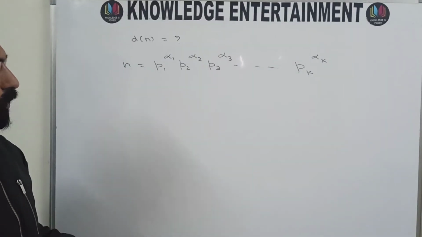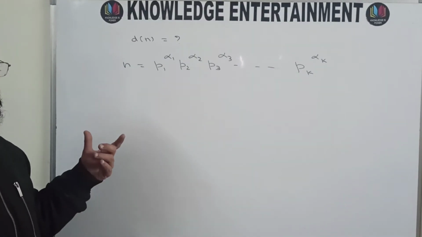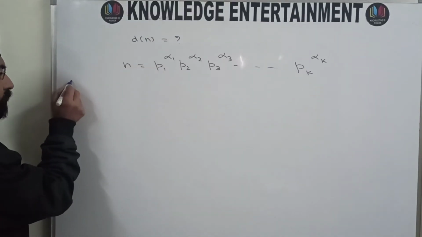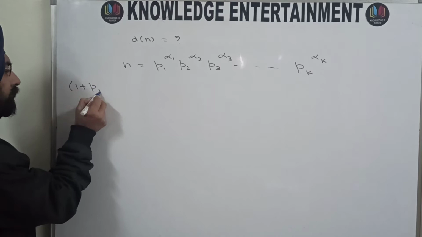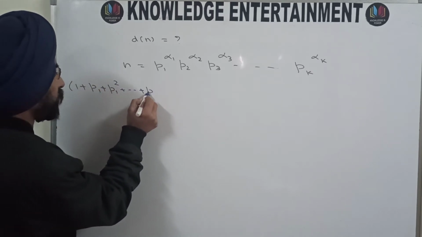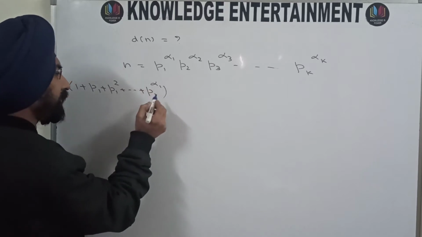Now look at one particular product I am going to write. This is (1 plus p1 plus p1 square plus and so on up to p1 power alpha 1), first bracket.